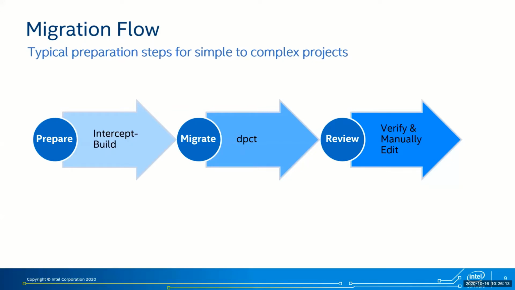That is usually done in the verify and manually edit process. There is a full-fledged diagnostics reference guide provided as part of the compatibility tool, which can assist developers to complete this final stage even better.